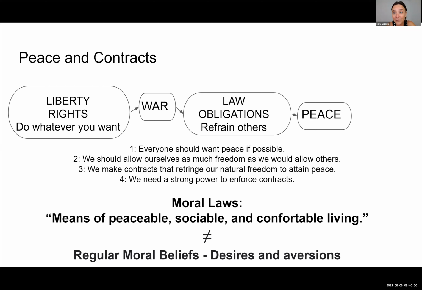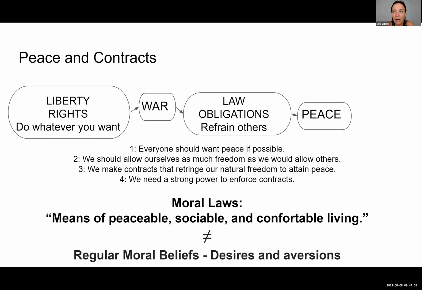In ethics, what I think is quite interesting is that once he makes this argument, he takes the next step, which is to say that real moral laws, and he's not talking here about, we've already seen that he thinks what people think is right and wrong or good or bad are their desires, what they desire they think is good, and what they have aversion towards they think is bad. Those are regular, sophisticated moral beliefs.